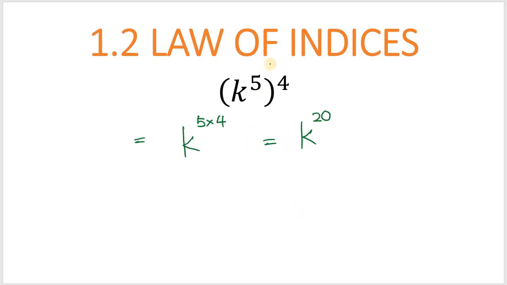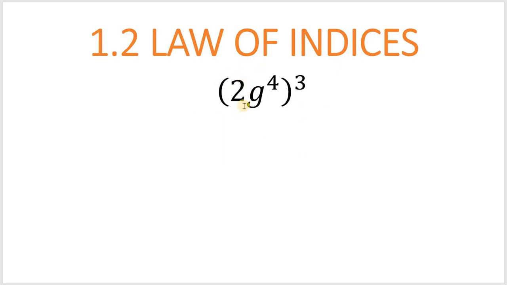Okay, so the algebra term is only k, isn't it? Sometimes we will have a question that also involves numbers. For example, like this, 2g power of 4, and then the whole thing is put inside the bracket with power of another 3. So this one, you see, we have a bracket. So everything inside the bracket, we must apply the same power, that is 3.